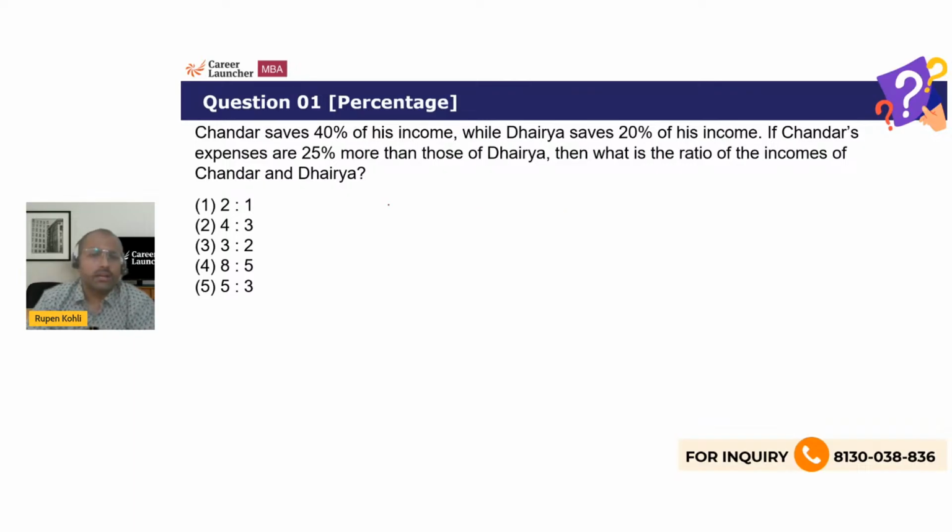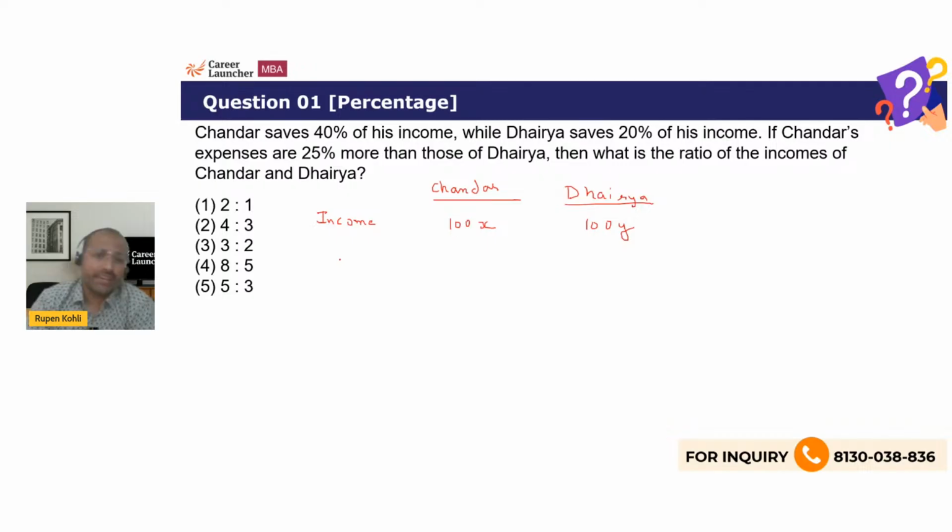Let's say incomes for the two people respectively are 100x and 100y, right? Because they are unrelated quantities, so we must take two independent variables, isn't it? So with that being said, we can define the further things.